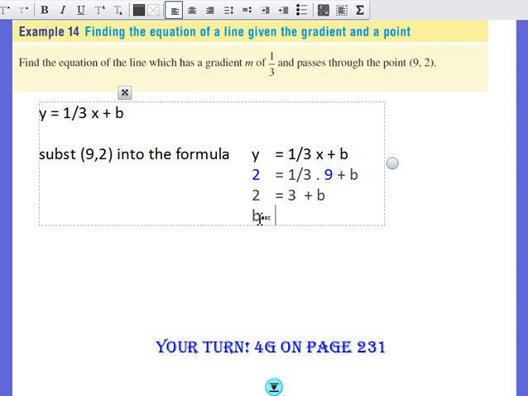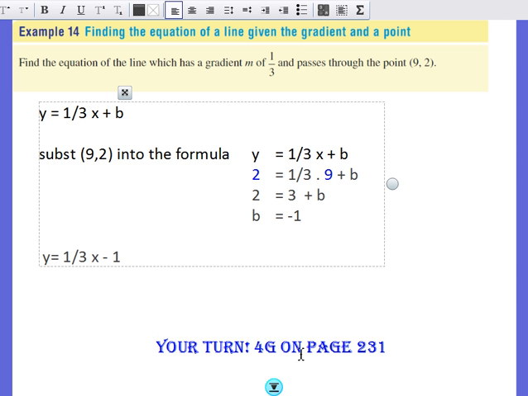In other words, 3 plus -1 is equal to 2. So I now have all the information that I need to write out my formula in full. I have the gradient, which was given to me, and I have the y-intercept, and it's -1. So my formula now is y is equal to 1/3 times x minus 1.